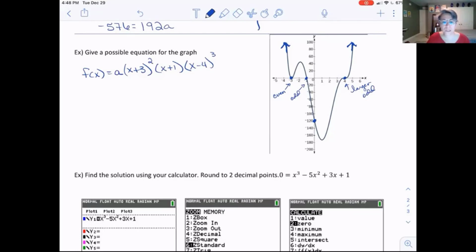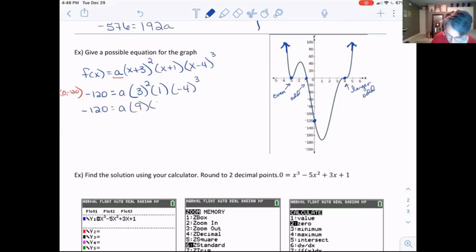So if we use (0, -120), then we would have -120 equals a times 3 squared times 1 times (-4) cubed, equals a times 9 times 1 times -64, gives us -120 equals -576a.